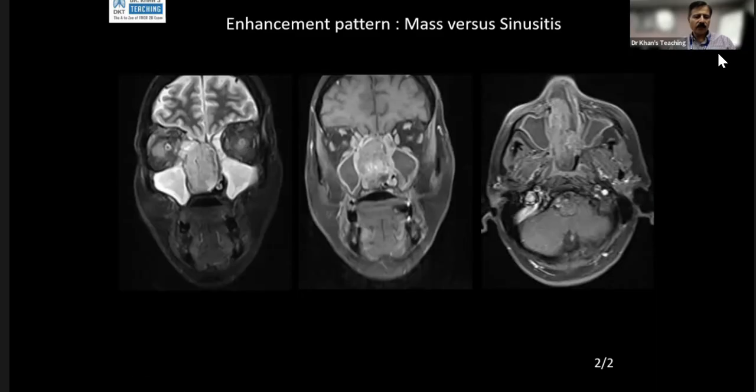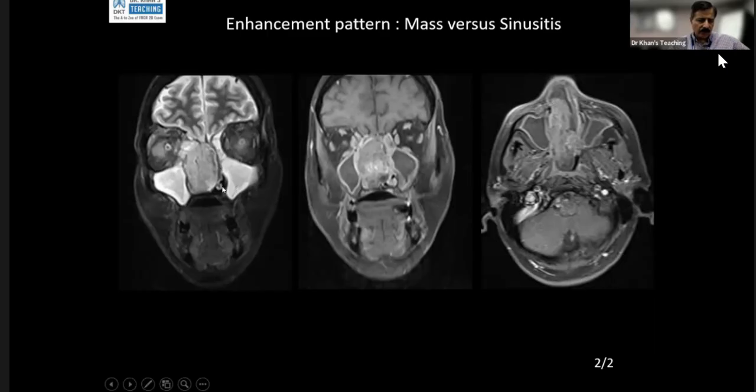We will do T1 without contrast. T1 without contrast is beautiful in head and neck because of fat. We see anatomy very well. And then we do fat saturated T1 followed by post-contrast fat saturated T1. We can also do T2s also, particularly sagittal T2 to look at the spine, etc.